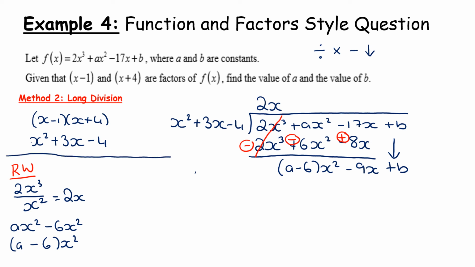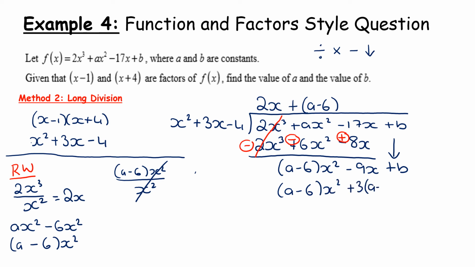So my little rough work here, I want to divide a minus 6x squared by x squared, and that leaves me with just a minus 6. This is plus a minus 6. I'm going to leave it in a bracket like this just for the moment. So then we multiply. So I get a minus 6x squared plus 3 times a minus 6x minus 4 times a minus 6.